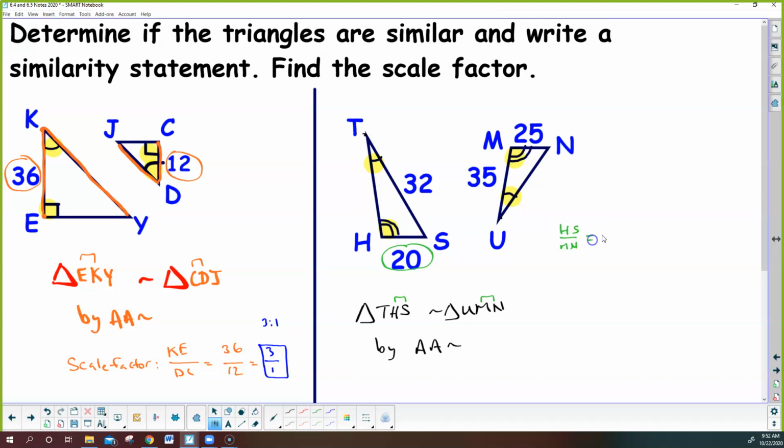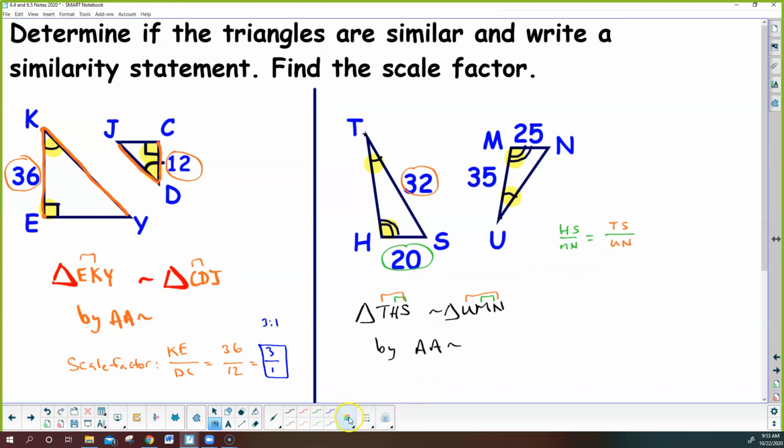And by the way, since these are similar, all of these ratios that I set up should be equal. So what about TS? Well, TS has to match with UN. And since I don't have any side lengths here, I'm not going to set up a third ratio.